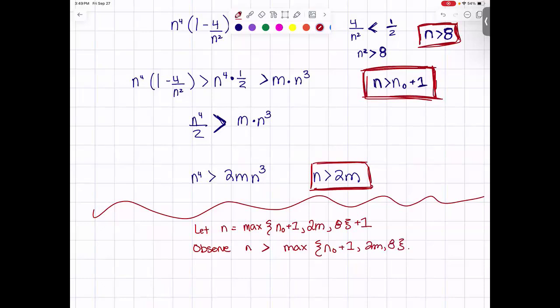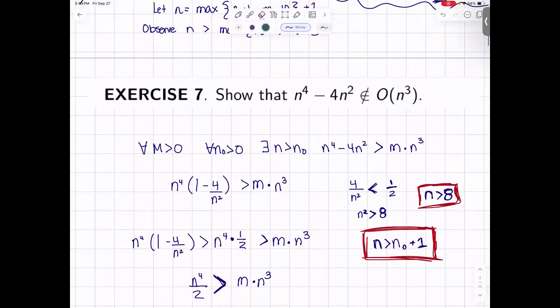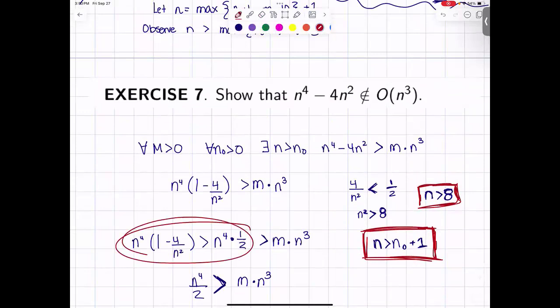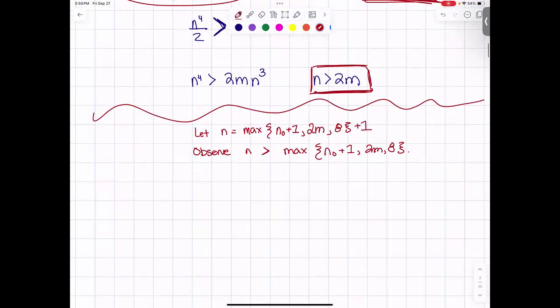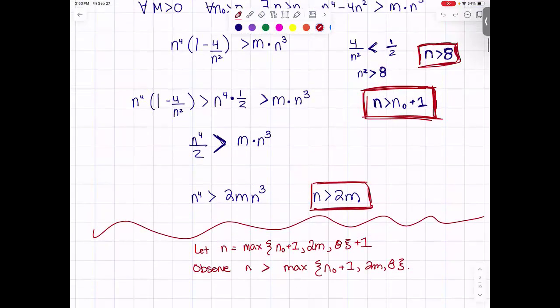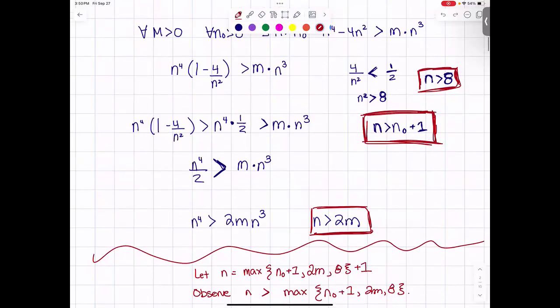Now we're able to continue with our proof, where we can notice that when n is greater than 8, this holds true right here. And when n is greater than n naught plus 1, that is the same as when n is greater than 8.